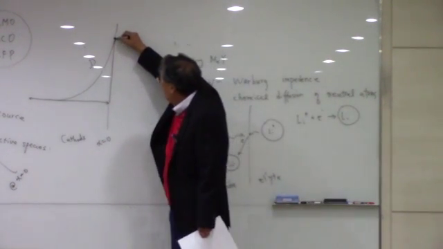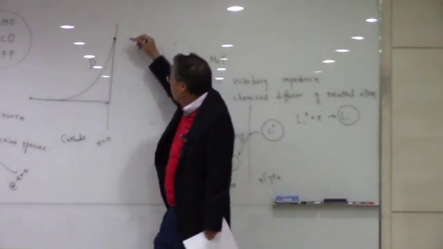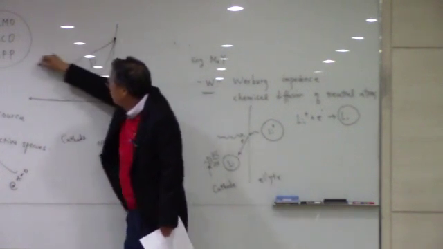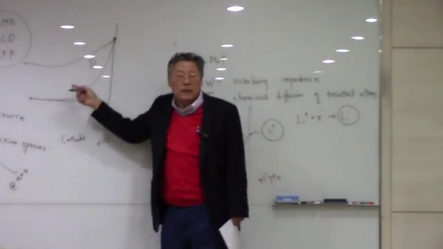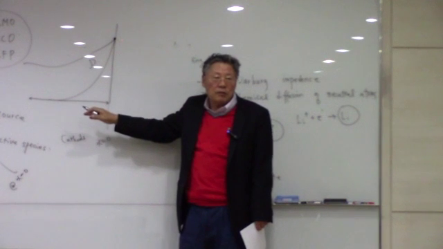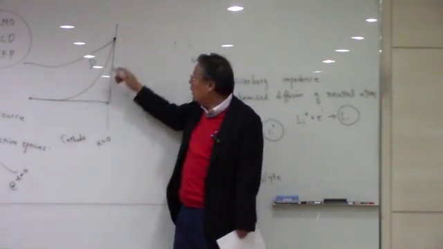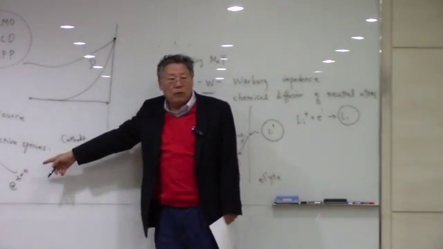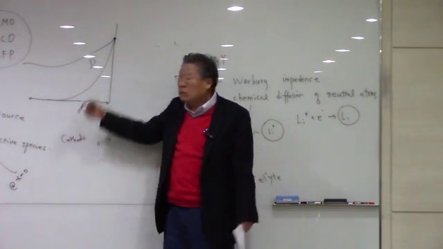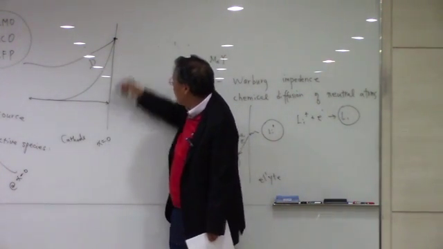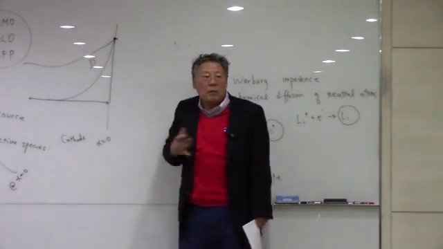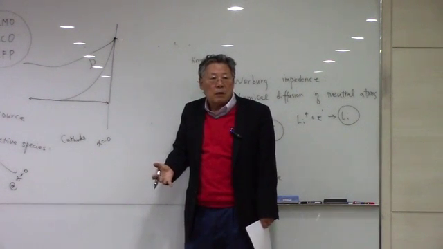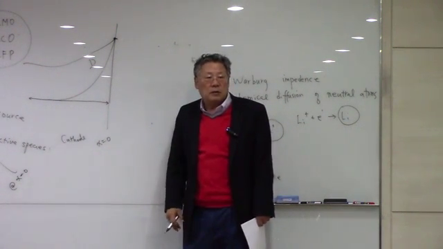So if you have this profile, or for instance this profile, in your cathode of an electroactive species, the EMF, the voltage, is the same, because at x equal to 0 you have the same amount of electroactive species.